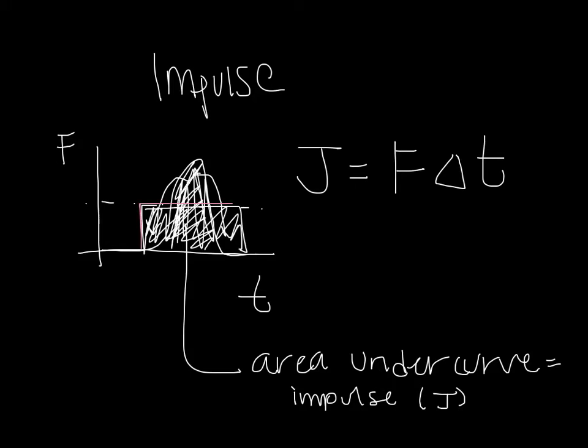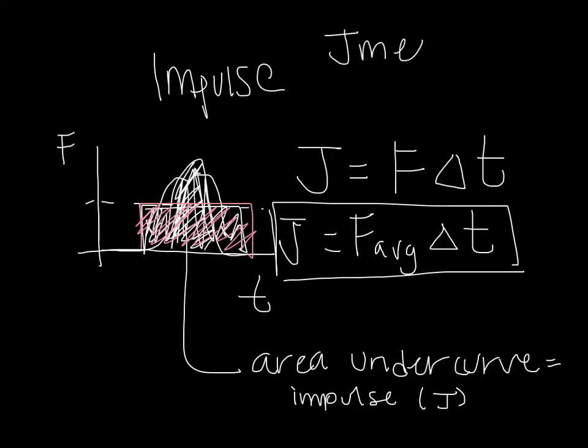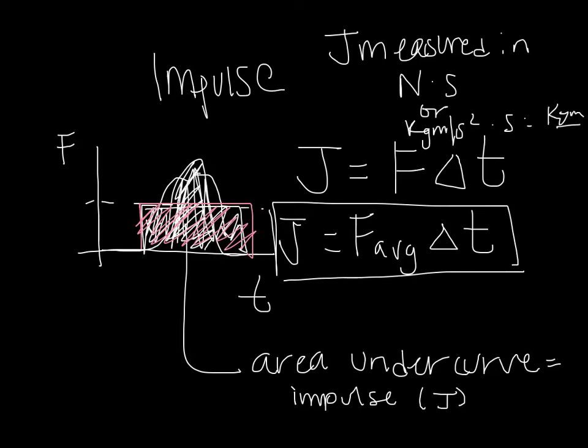So our average force times that change in time, so we would end up making our change in time bigger, but our max force smaller, to calculate impulse, or J. The units of impulse are newtons times seconds, or kilogram meter per second squared times seconds, which is equal to kilogram meter per second.